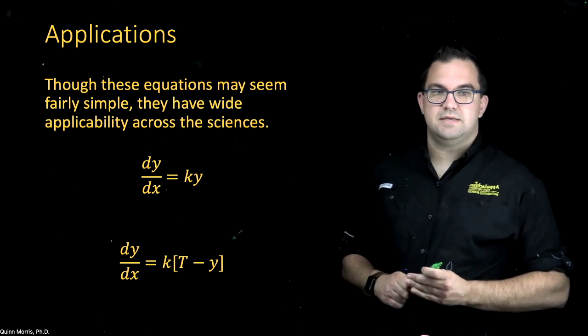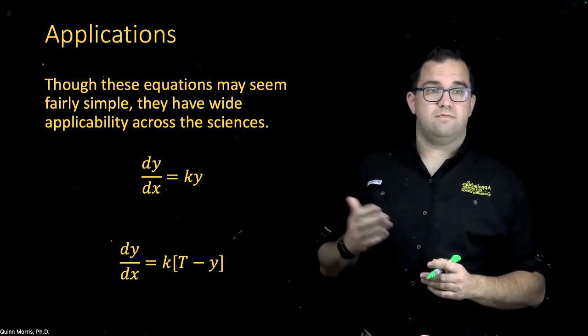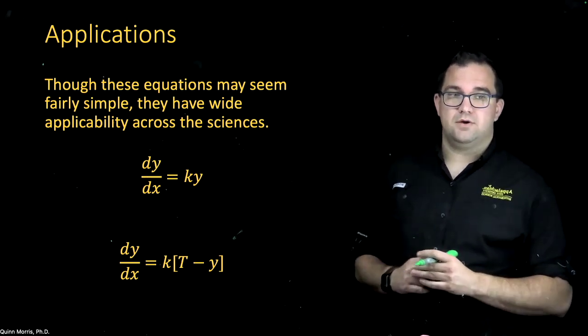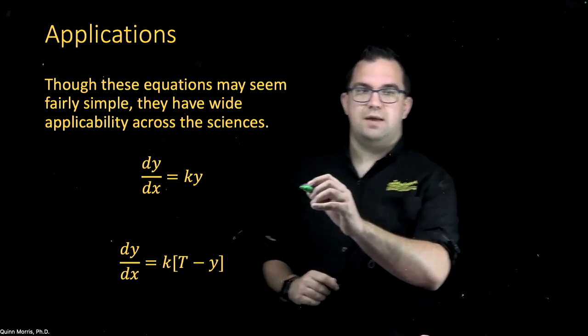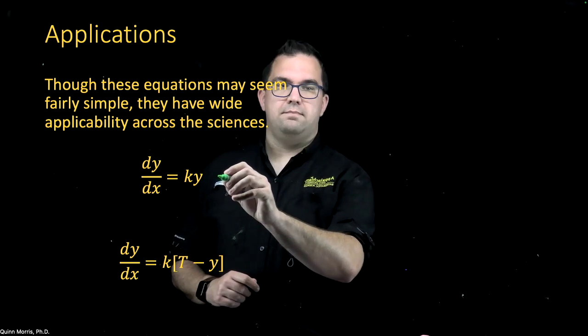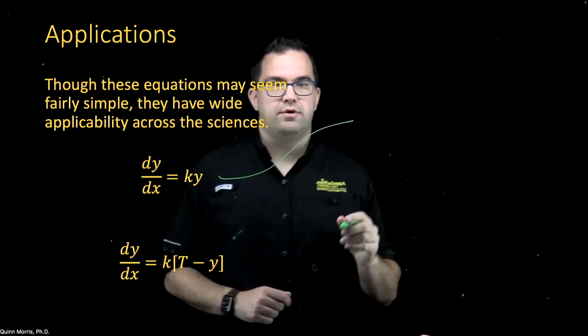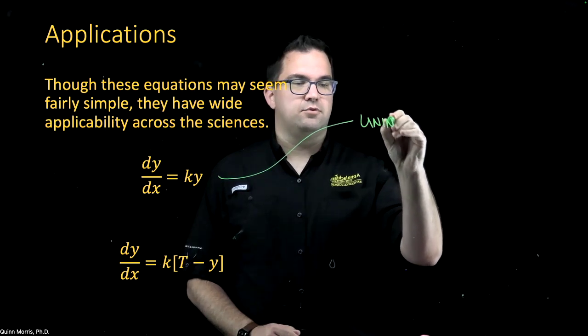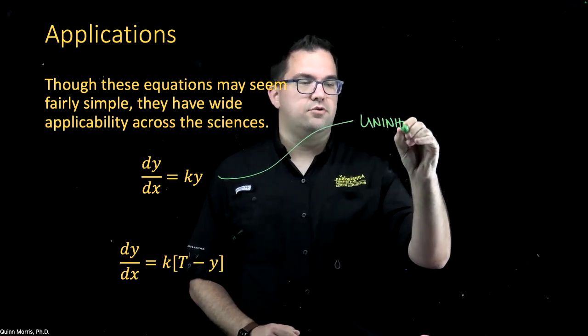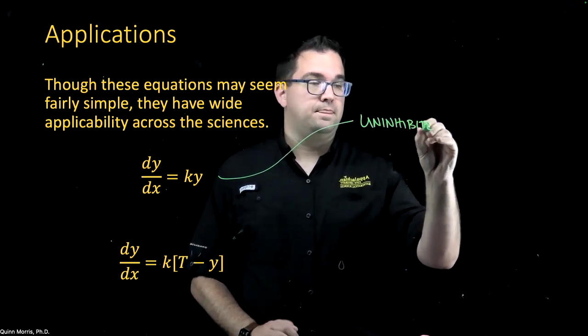Although these equations may seem relatively straightforward to solve, they actually have pretty wide applicability across the sciences. So if I look at this first type of equation here, this can be broken into two cases. These sorts of things often represent uninhibited growth or decay.